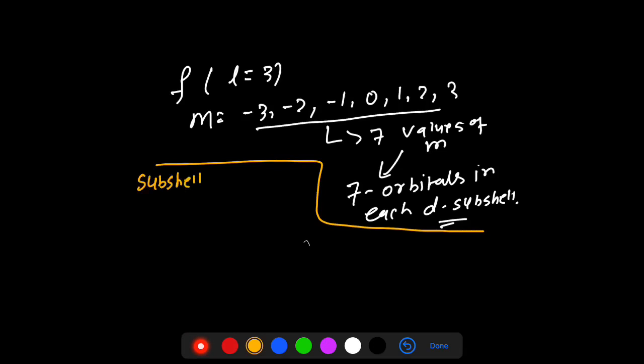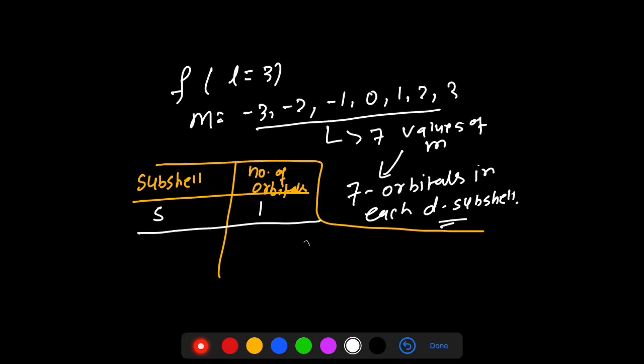So from these, we gather information, which is that here we have a table with subshell and number of orbitals. The s subshell had just one orbital, we have seen that.